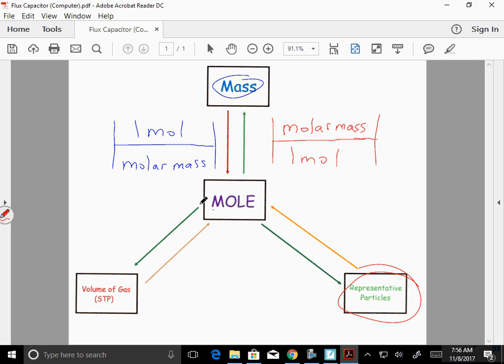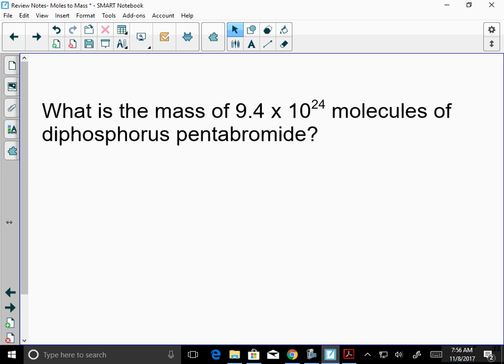Is there a line that takes me representative particles straight to the mass? No. So this is a two-part problem. I've got to use a middleman. So I've got to first go to moles, then I'm going to go to mass. So we're going to put together what you did a couple of days ago and what we're doing today.